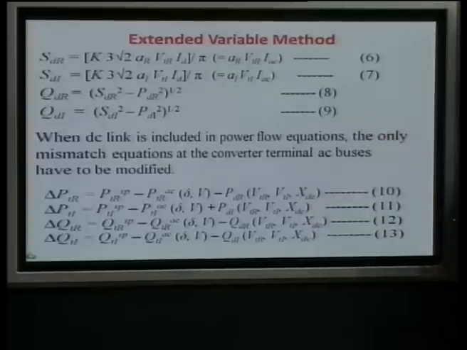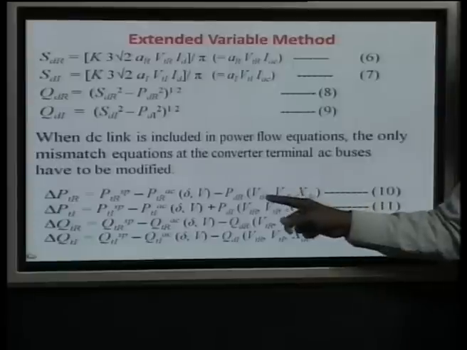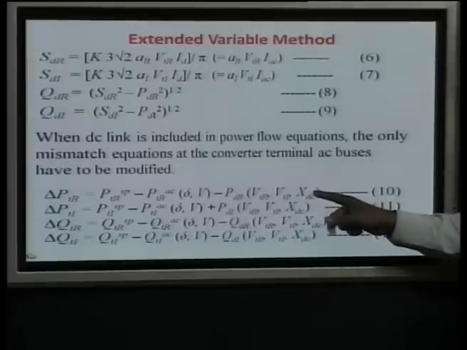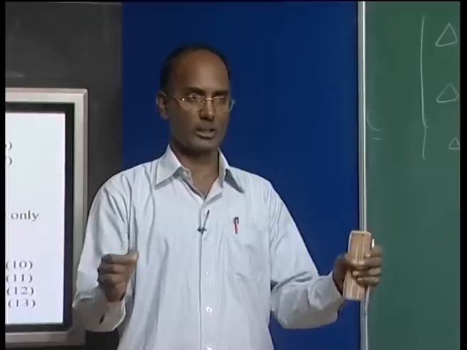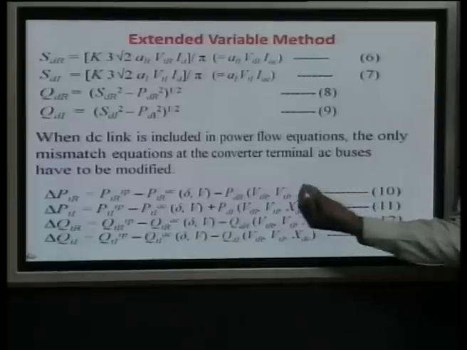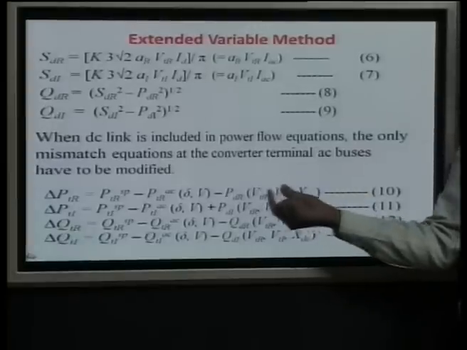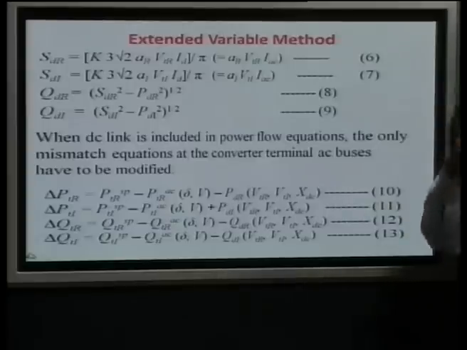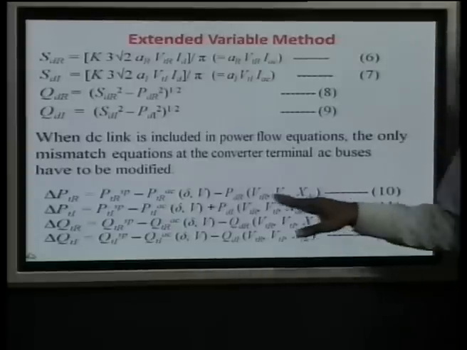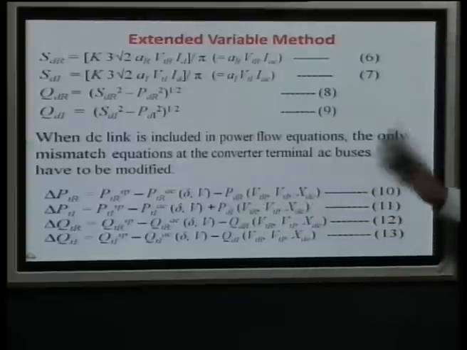Because your PD which is going to be there is a function of VTR, VTI and XDC. No doubt out of them everything, it may be only dependent on VTR, but we are writing in general, it will be dependent on the terminal voltage of inverter, rectifier and some DC variables. Maybe others will be 0, but I can write in general it is a function of this. So, here I am writing this should be equal to 0.